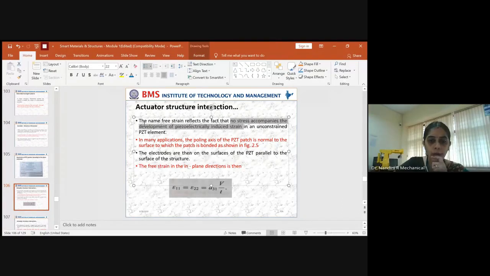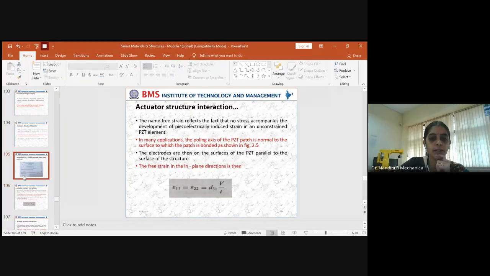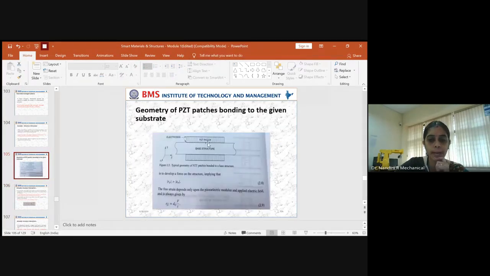Okay. So this is the thing you have to understand. In many applications, the poling axis of the piezo patch is normal to the surface to which the patch is bonded. Suppose this is the PZT patch, and the poling axis will always be normal to the direction in which the patch has been applied, because every PZT patch has n number of molecules arranged randomly.